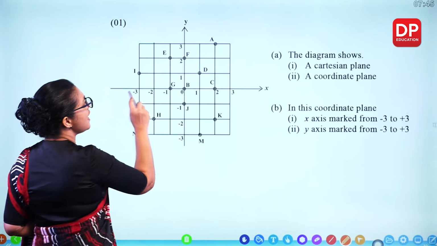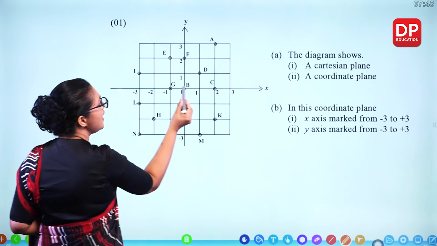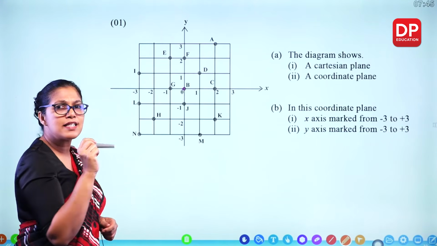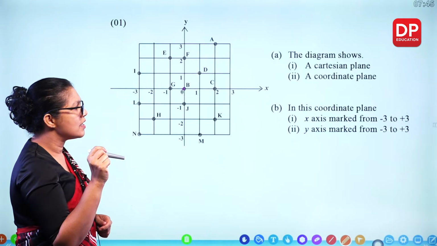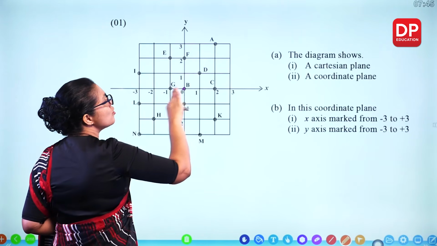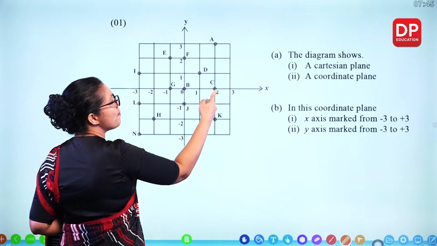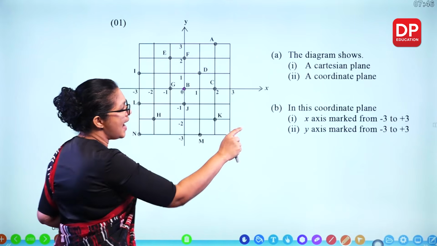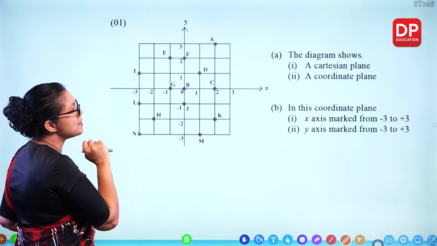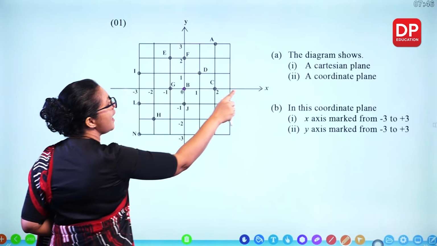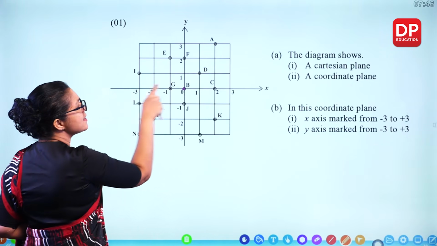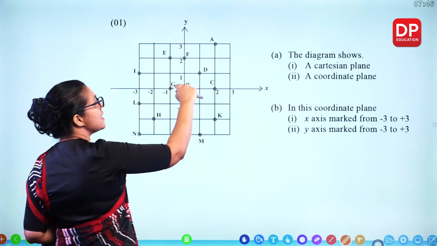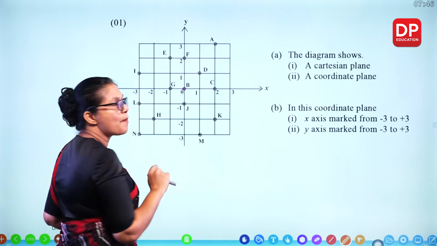So here, when you take the x-axis horizontal line, you get the starting point here. What do you call that? The starting point is the origin. Towards the right hand side we put positives, and towards the left hand side we put negative values. Here x goes from -3 to +3, and the y-axis is also -3 to +3.